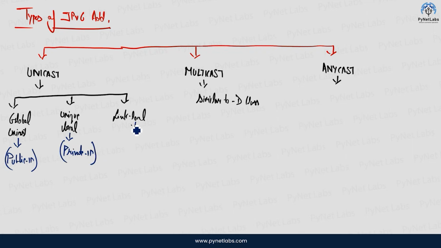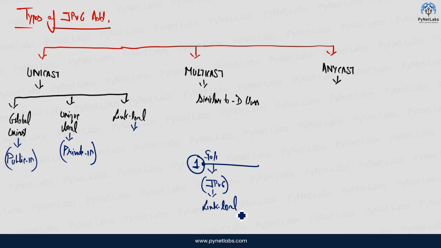And link local address is basically a default address. Suppose you have a router, this is your router number one, and on this router there is an interface which is FA0/1. On this FA0/1, if you configure any IPv6 address, then after that there will automatically be a link local address.